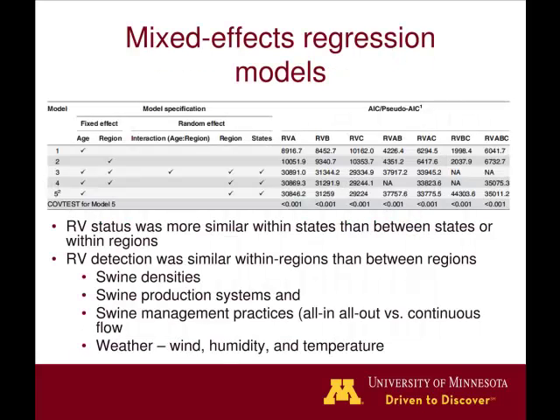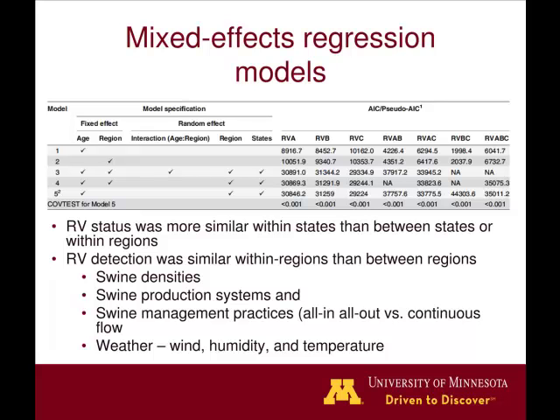And then lastly, we wanted to go in and do some mixed model effects to see if we can indicate what was happening, and it's different within state with rotavirus infections and also by different regions. So in this mixed model effect, we have fixed effects and we have random effects. There's 5 different models that we ran statistically to see which one was the best fit to the data set.